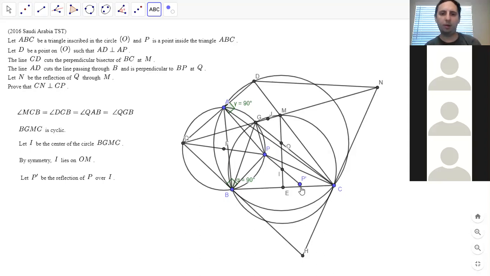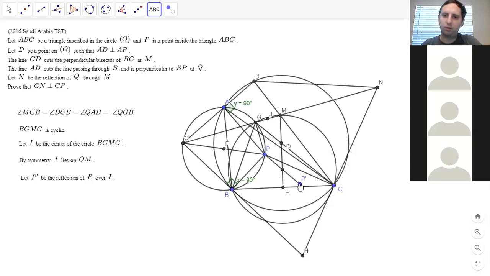So we know that P prime M is perpendicular to QN, right? Yeah, we don't know yet that P prime is the isogonal conjugate because we don't know that BGC really is the pedal circle. That's where I got confused. I kept thinking we know that P prime is the isogonal conjugate, but we don't really, right? Did you think you had a full solution to this?